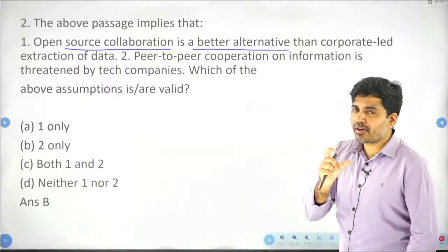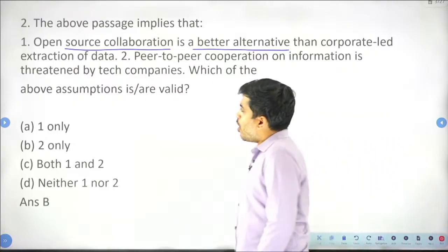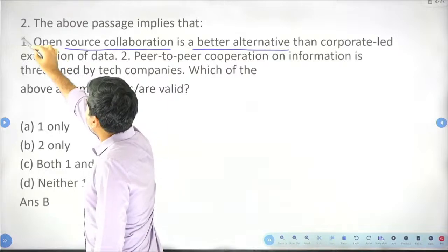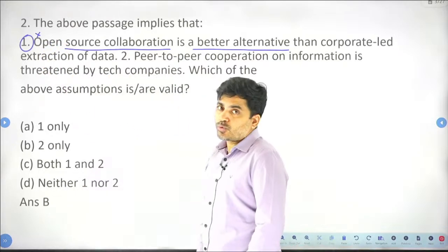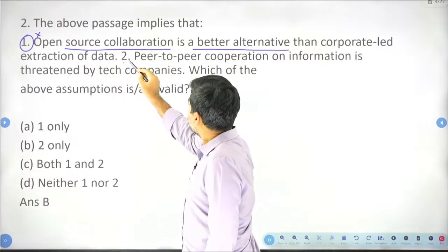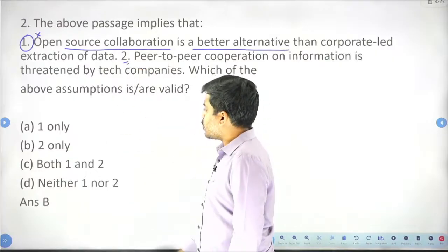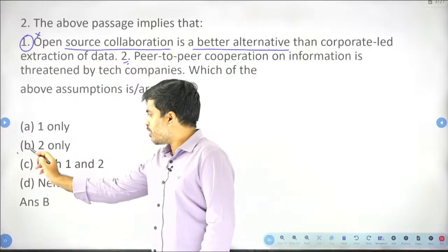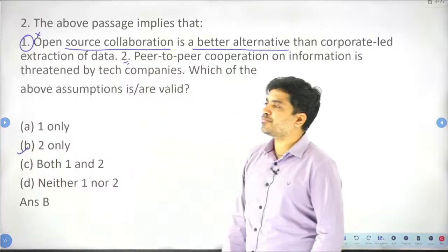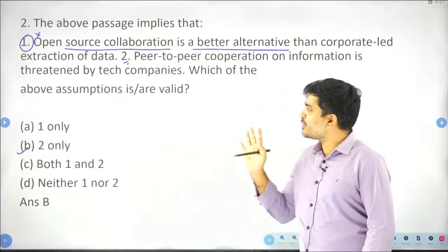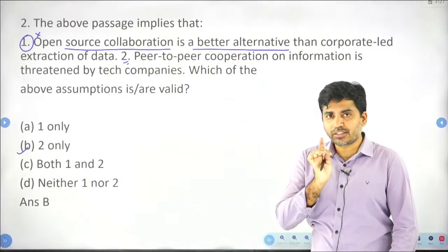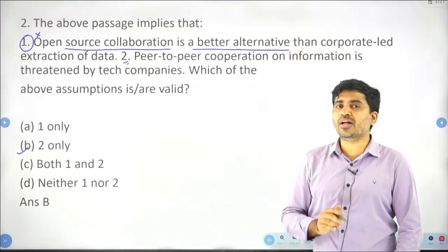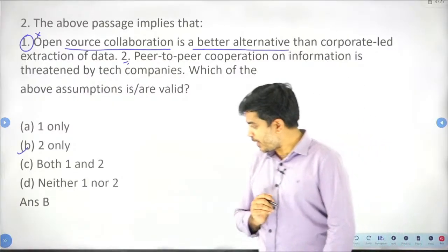This information is given in the passage, so statement 1 is not a correct statement. Statement 2 is given clearly in the passage, so that's why the answer is option B. It is a very simple passage. You have to read the passage at least one time. That is enough to answer this question.